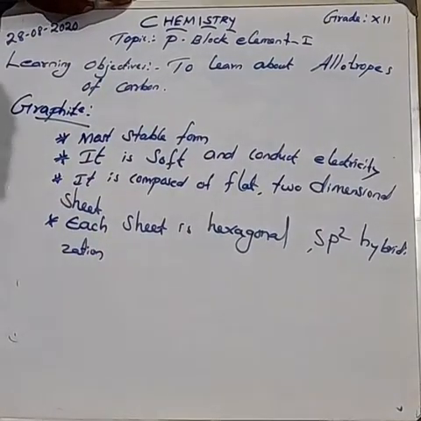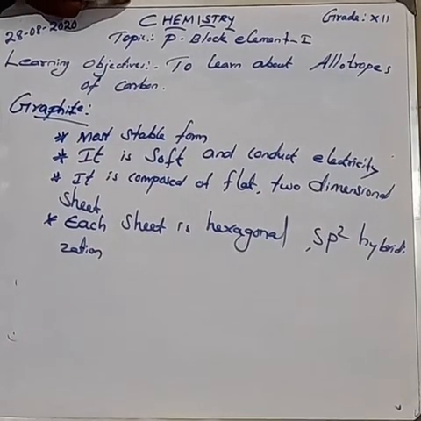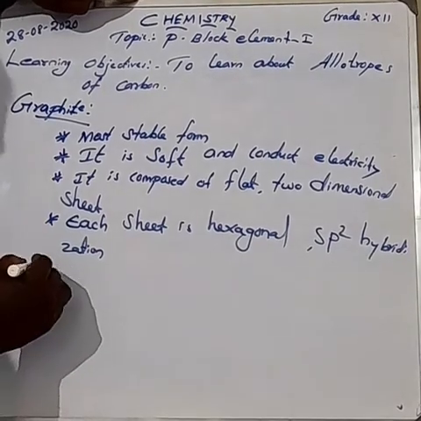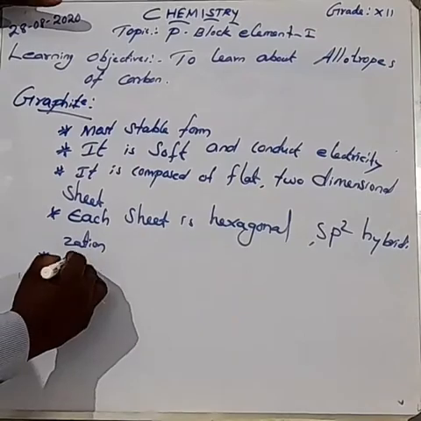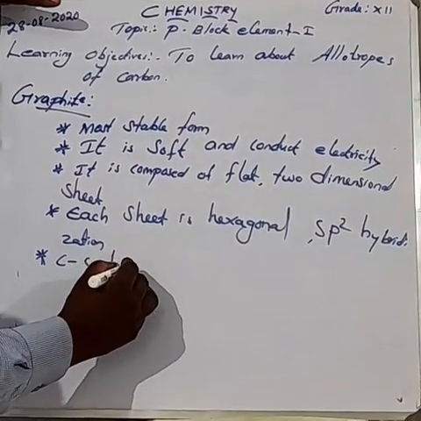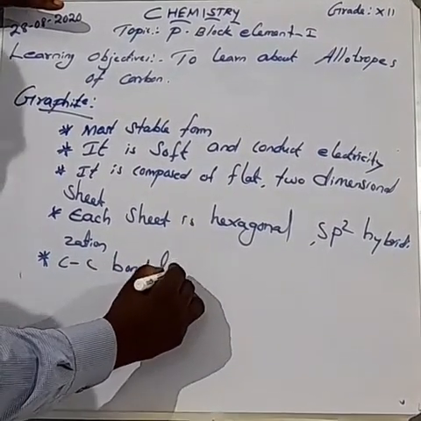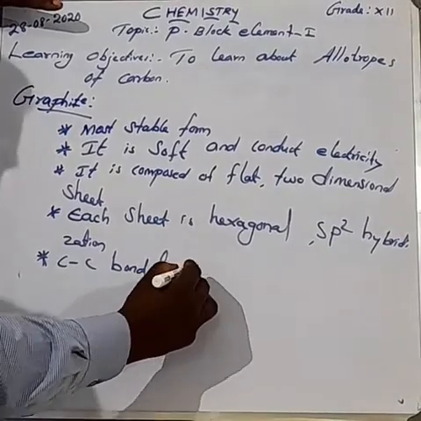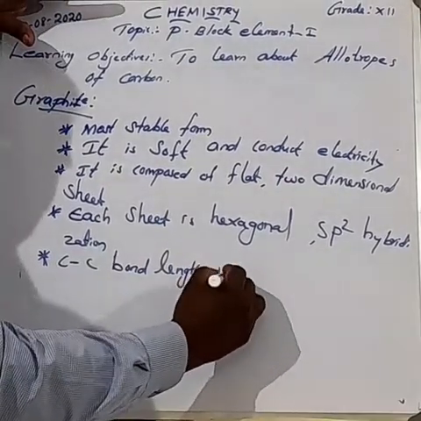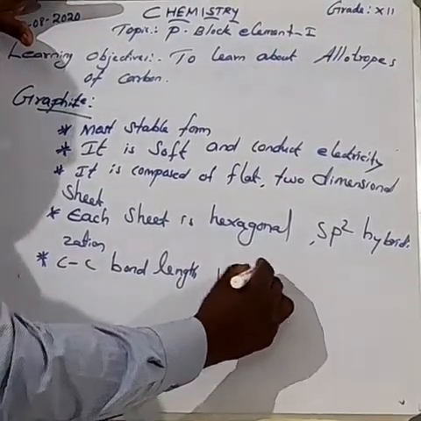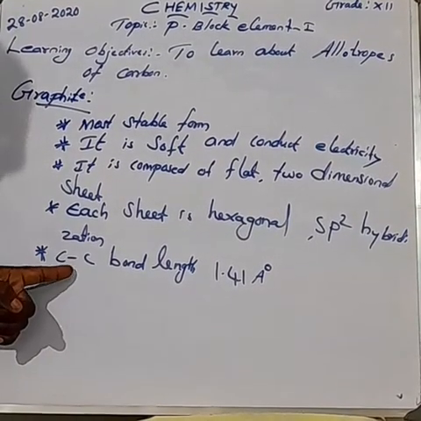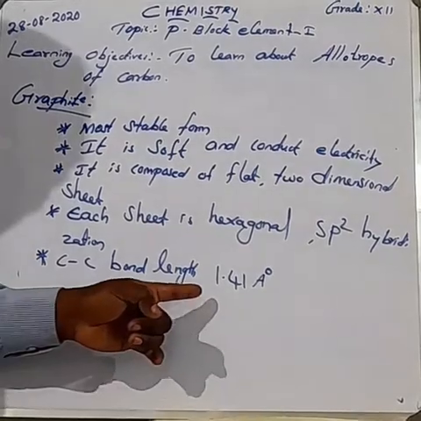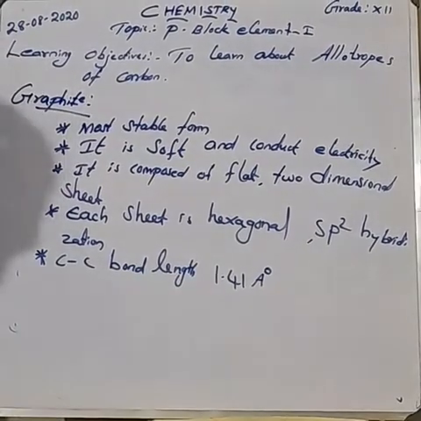Graphite has sp2 hybridized carbon atoms. A very important point is the carbon-carbon bond length. What is the bond length of graphite? The carbon-carbon bond length is 1.41 angstrom.